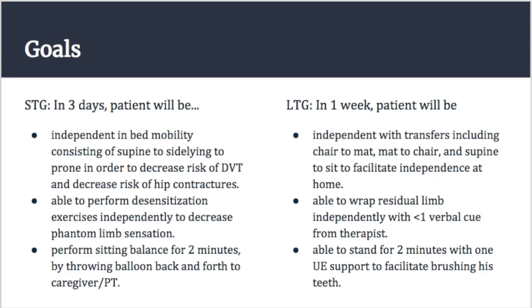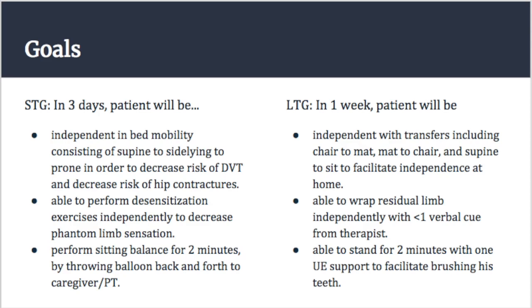This will help him when he's trying to don and doff his prosthesis and with different activities during the day. After 1 week, we want him to be independent with transfers, including chair to mat, mat to chair, and supine to sit to facilitate independence at home, and this will also help with donning and doffing of the prosthesis. We want him to be able to wrap his residual limb independently with less than 1 verbal cue from the therapist, and that's going to help with the hygiene of his limb and making sure that it stays in that shape.